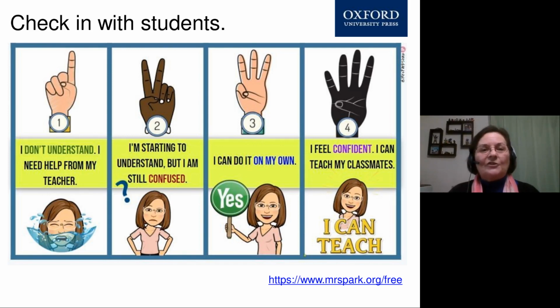It's really easy to show the teacher that you're really lost. And it's great feedback for me. If I get a lot of fingers on the Zoom screen, I know that I need to explain things better or go back and try it a different way. And if I get 4 fingers, I know that we're all doing pretty good.